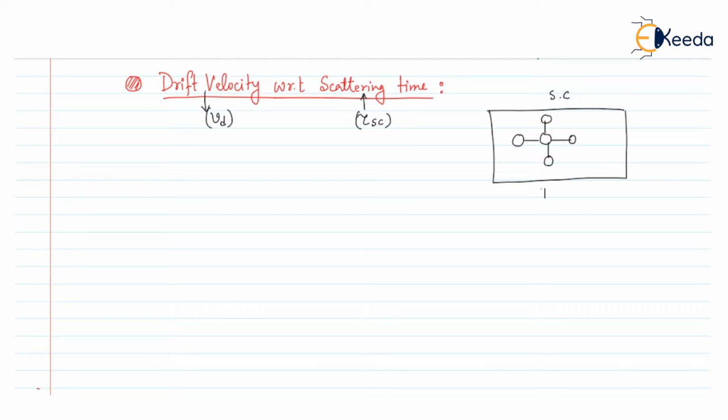Now if I increase the temperature of the sample or the semiconductor material, then one of the covalent bonds will be broken. In this way, so many covalent bonds can be broken due to this temperature.